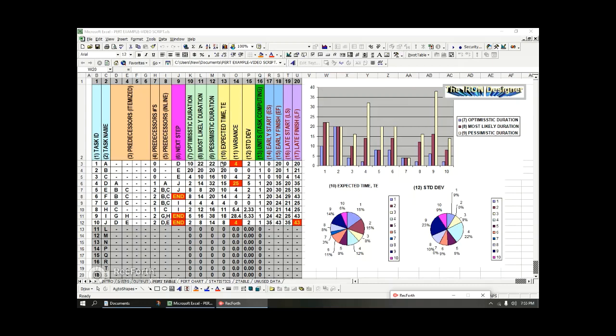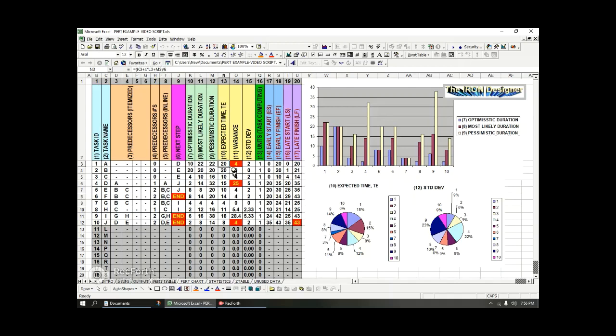For computing the expected time, I'll show you the formula in the next slide. The expected time is basically the optimistic time plus 4 times the most likely time plus the pessimistic time, and you'll get the expected time. If I click on this cell, you can see it's the optimistic duration plus 4 times the most likely duration plus the pessimistic duration.